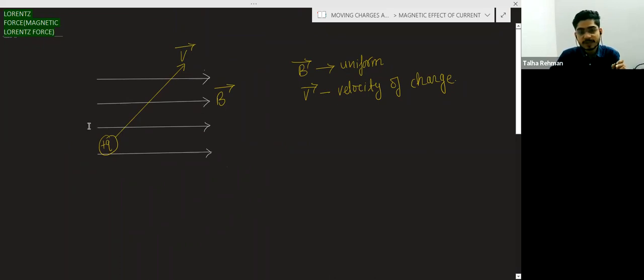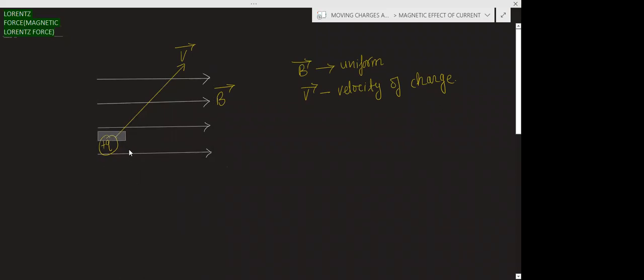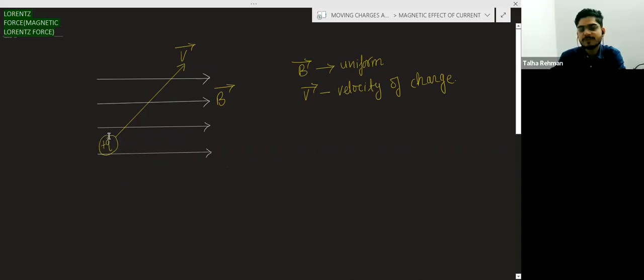So there will be a force on the charged particle, like the electric force. If this charged particle were in an electric field, it would have an electric force. Now this charged particle is in the magnetic field, so there will be a magnetic force on it, and this magnetic force is given by this formula.